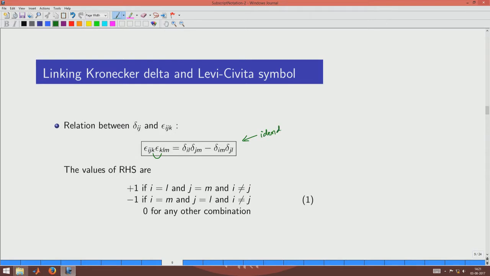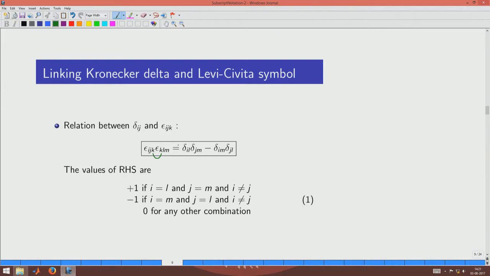By identity I mean it is applicable always, and how to verify? For each combination of i j and l m you could verify, and that is going to be quite tedious because you have got 81 combinations that are going to come. Nevertheless, you could just pick a few of them and verify whether it is true or not.